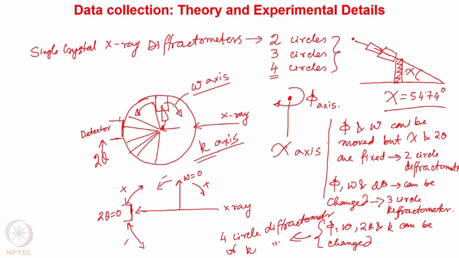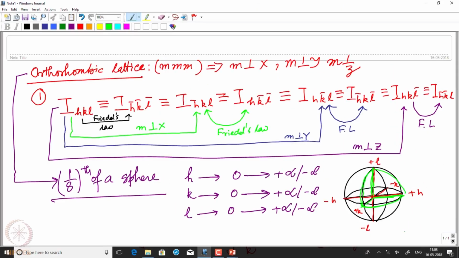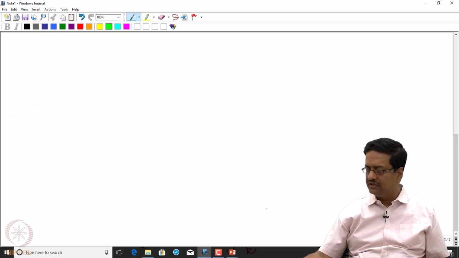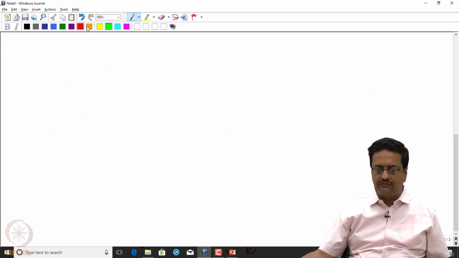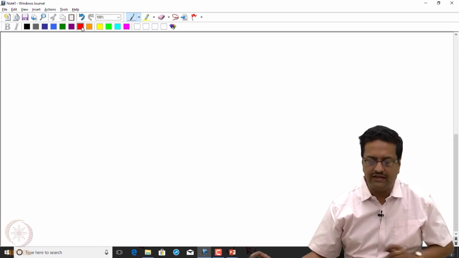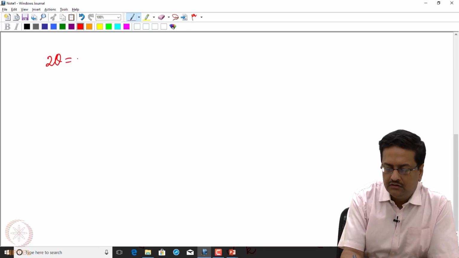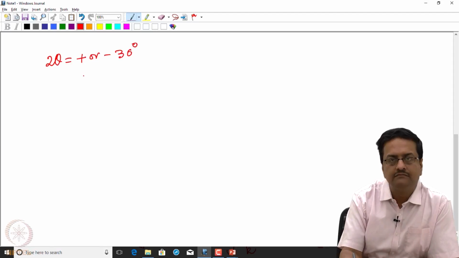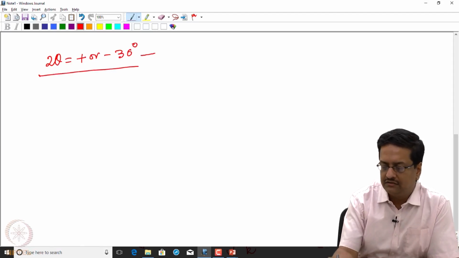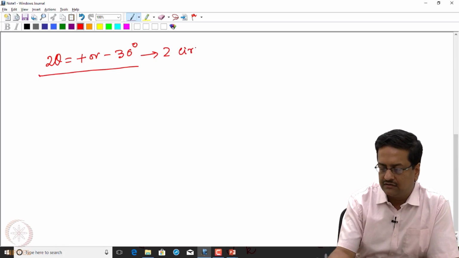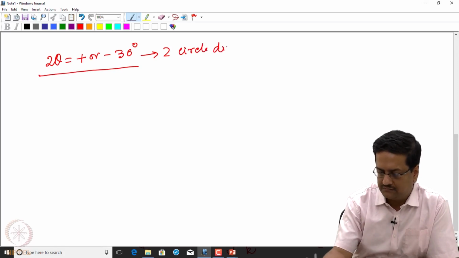In any 2-circle diffractometer, the 2 theta value is generally fixed at plus or minus 30 degrees.